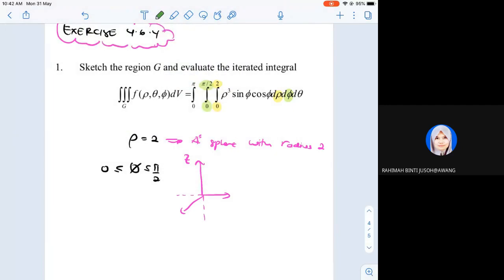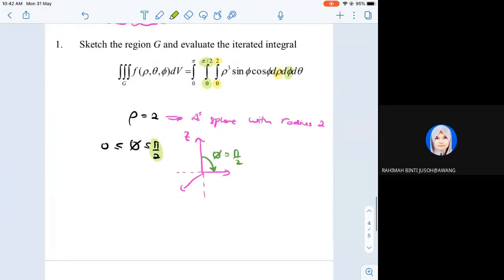Paksi Z tu, dia daripada 0 sampai pi per 2. Sampai situ je kan? Your phi until pi over 2, right? So we don't have until negative Z. So it means that it should be a what? A complete sphere or not? Hemisphere. Okay, good. Very good. So from the phi, we know that this is a hemisphere because it goes until pi over 2 only.